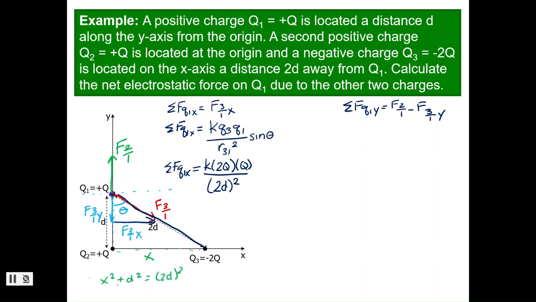So that's going to give me that x squared is equal to 4d squared minus d squared. So x squared is going to be 3d squared, which is going to be the square root of 3. So that tells me that x is the square root of 3 times d, if I were to square root both sides.